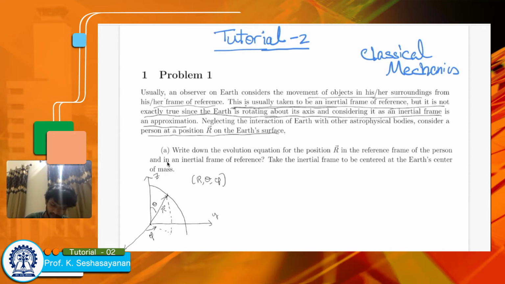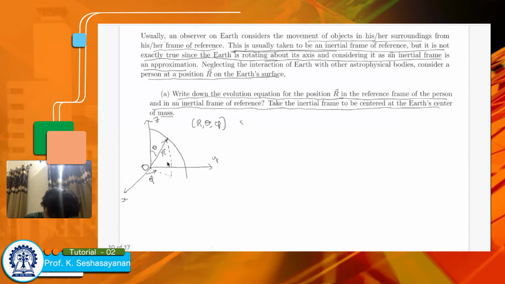Okay, so now we come to a sub question, part A. Write down the evolution equation for the position r in the reference frame of the person and in an inertial frame of reference. Take the inertial frame to be centered at the Earth's reference. So for this problem, we'll use spherical coordinates.